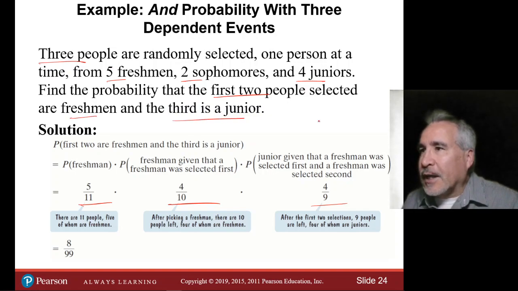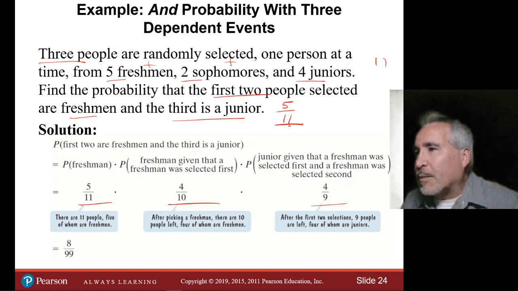So you could look down here, but the first one, we're going to be choosing from these 5 freshmen. So we randomly choose, we've got 5 of them to choose from, but how many? We've got a total of 5 plus 2 plus 4, which is, that's 6, that's 11. So we're choosing out of 11 people, what's the probability that one of them is a freshman? 5 out of 11.